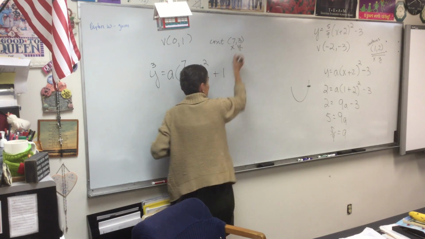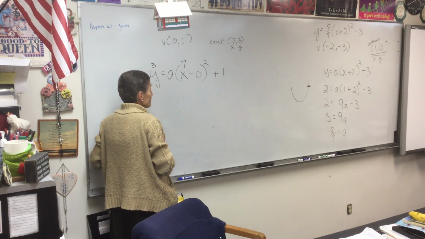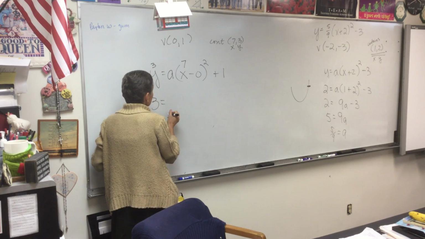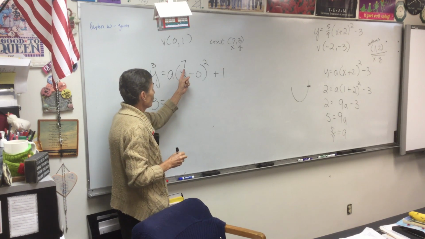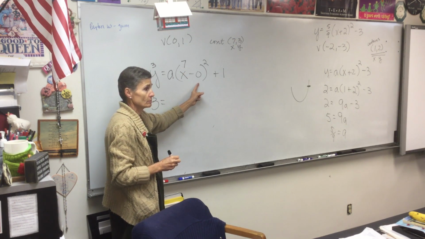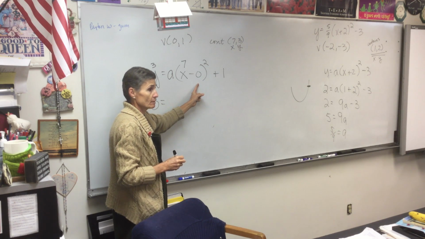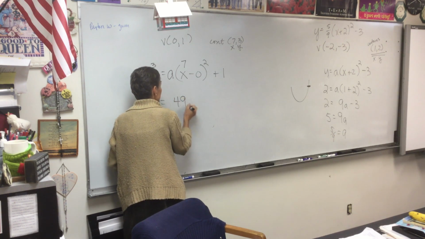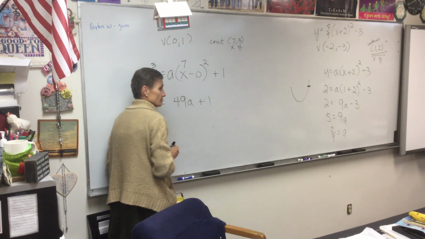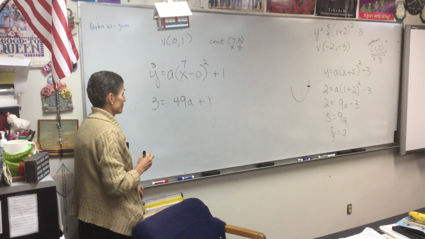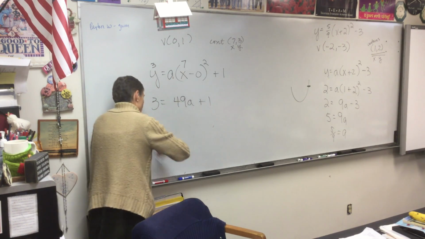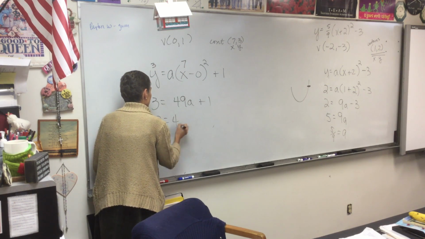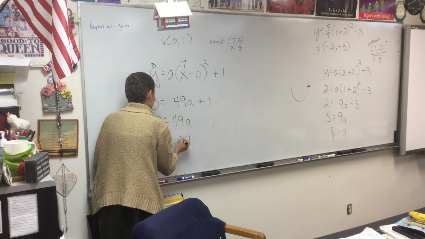Remember, that's x and y. So 3 equals, all right, what's 7 minus 0 squared? So I have 49a plus 1. Subtracting 1 and dividing.